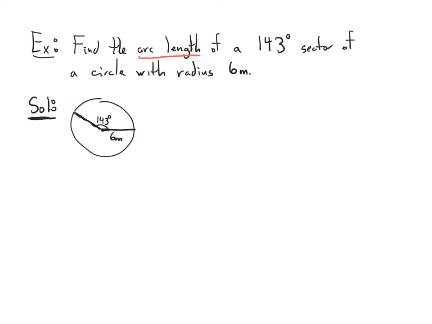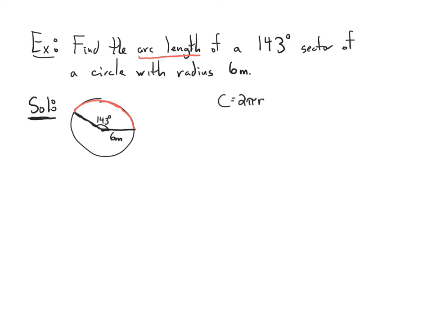The arc length is the length of the arc of that sector of my circle. So that bit there. Now remember, we know the radius of our circle, and we know the formula for the circumference is 2 times pi times r. Think about how to solve this problem.